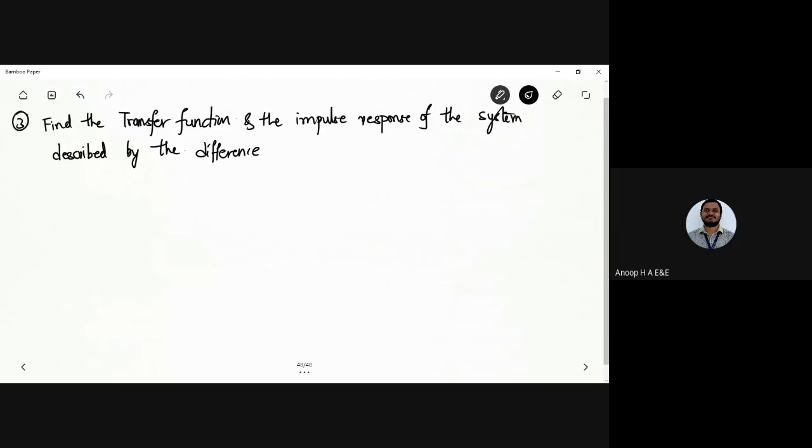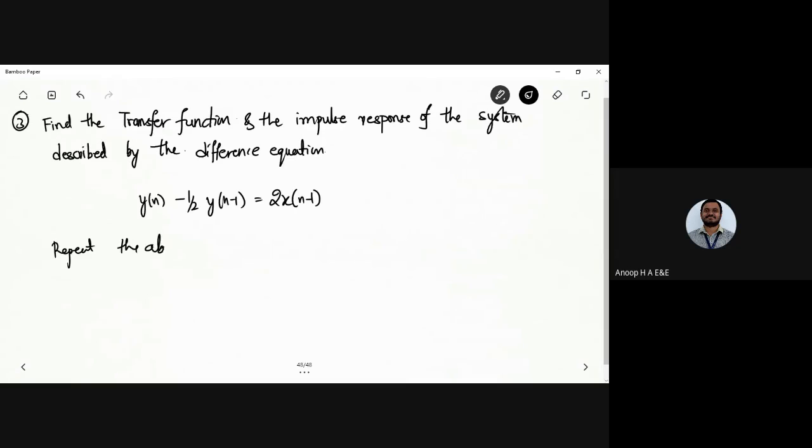Always remember, discrete systems are characterized by difference equations. Y of n minus 1 by 2 y of n minus 1 is equal to 2 times x of n minus 1. Okay, so you have to do that and repeat the above problem.